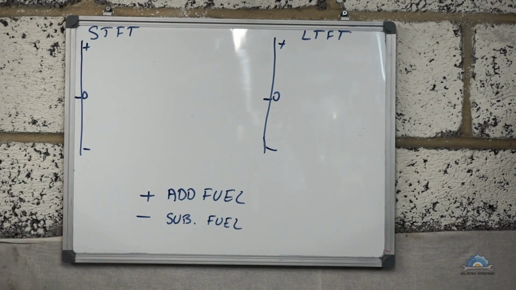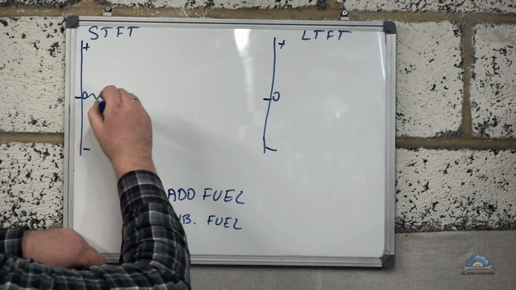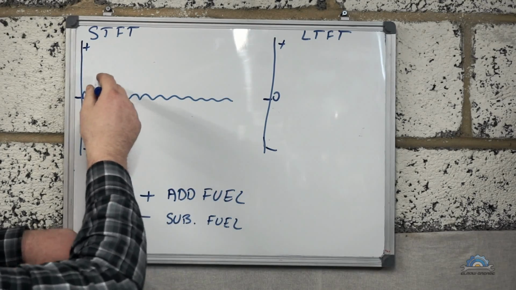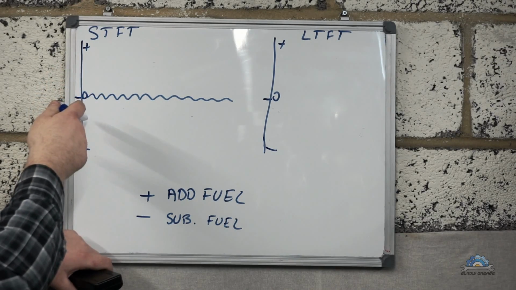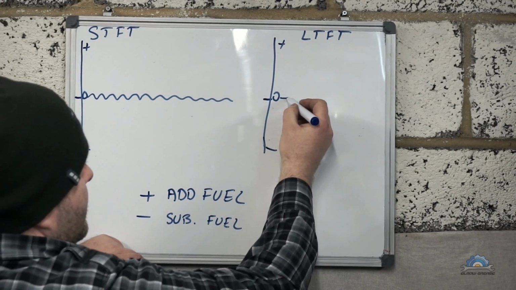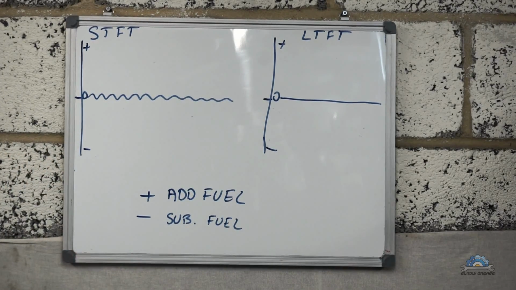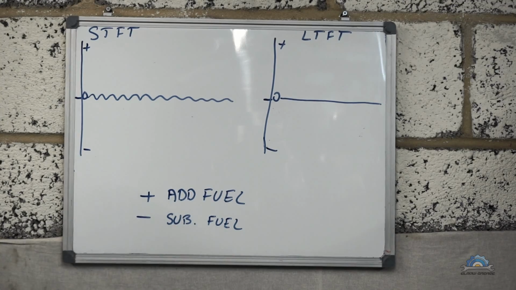If we have a new engine or a fully working good condition engine, we're gonna see short-term fuel trims oscillating between plus 2 or minus 2, and long-term fuel trims are gonna be a straight line around 0, which is highly unlikely, but usually plus 2, minus 2, that's okay, nothing happening.